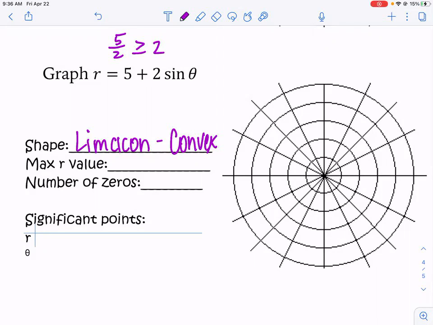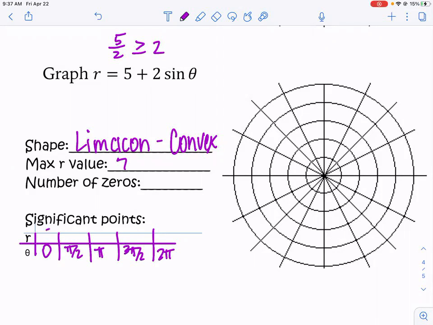Grayson, what did you get? All right. We have a max R value of 7. The sine of 0 is 0.